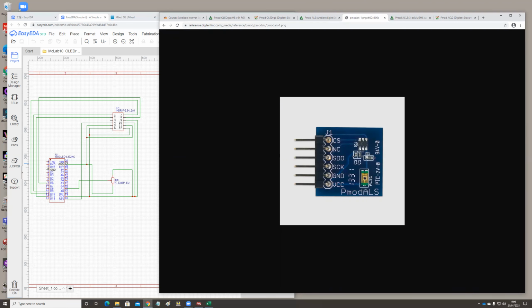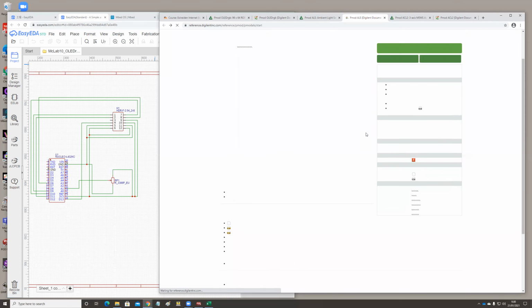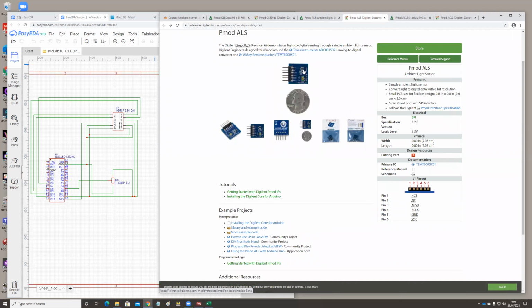And then if we would like to study how it is connected, we could actually follow the strips on the printed circuit board and see how it is connected. But they publish the information of what the integrated circuit here is. The integrated circuit is an analog to digital converter.